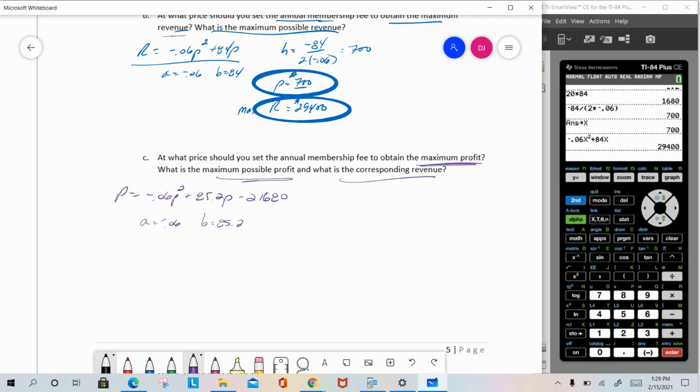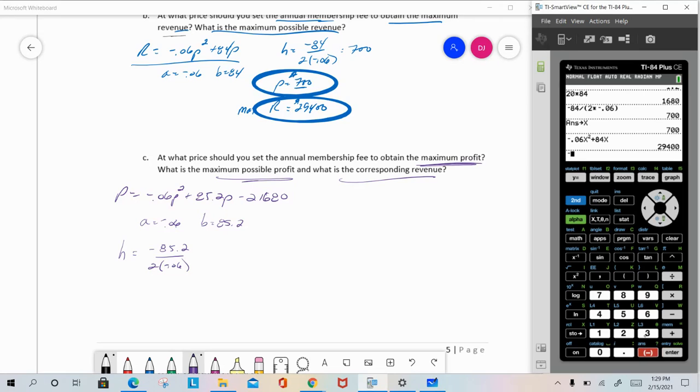I want to maximize my profit. That's the H value of the vertex, which is negative B divided by 2A. So it's very similar to what we did before, except it's negative 85.2 in the numerator divided by 2 times negative 0.06.